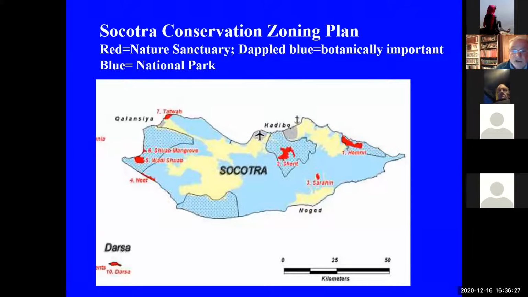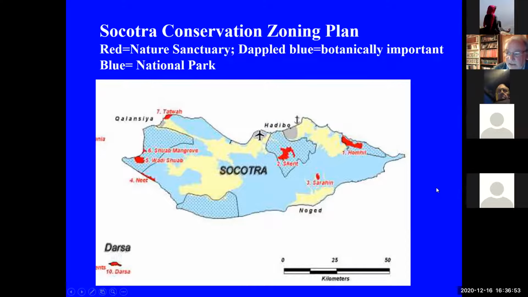So red areas are nature sanctuaries, the dappled areas are botanically important areas, and the plain blue are national park. And I just again want to pay tribute to the work done by the Royal Botanic Garden, Edinburgh, in establishing the areas which were botanically important and making this great contribution to the zoning plan.